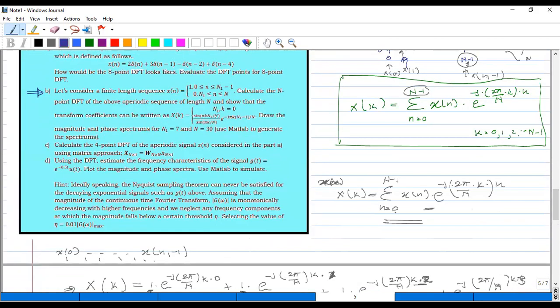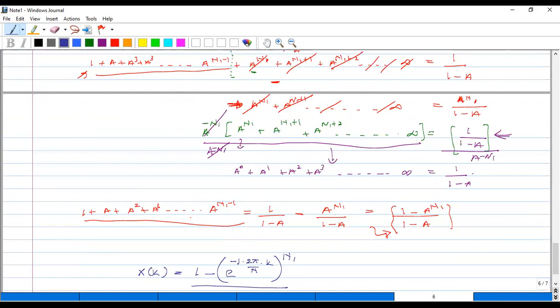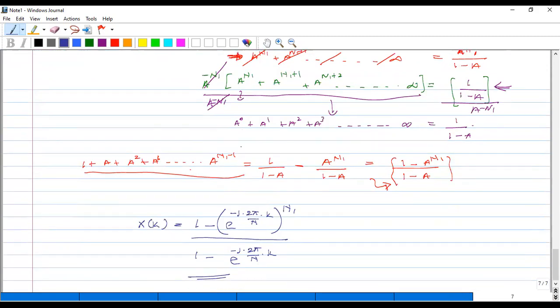It is in sine form, no? I think using the Euler formula we can get this result. So you can use the Euler formula here.